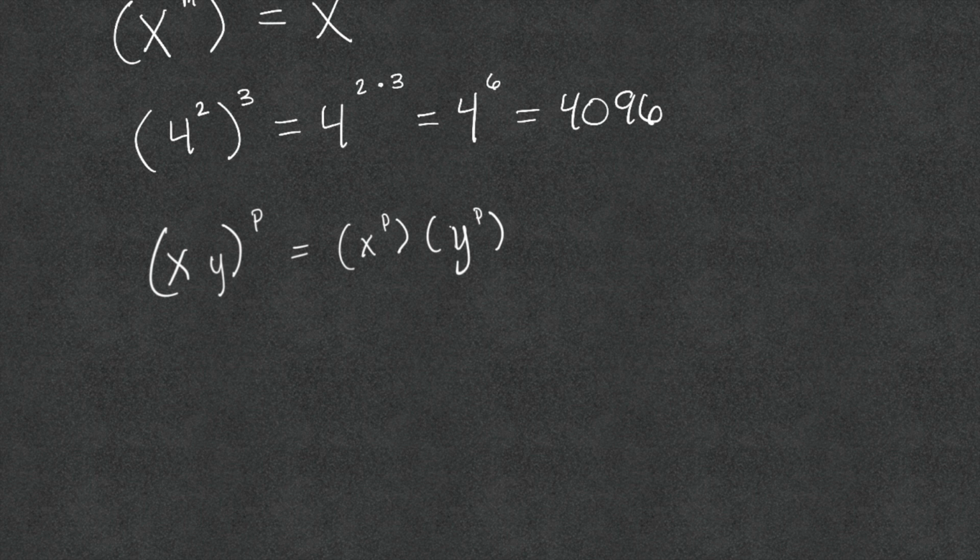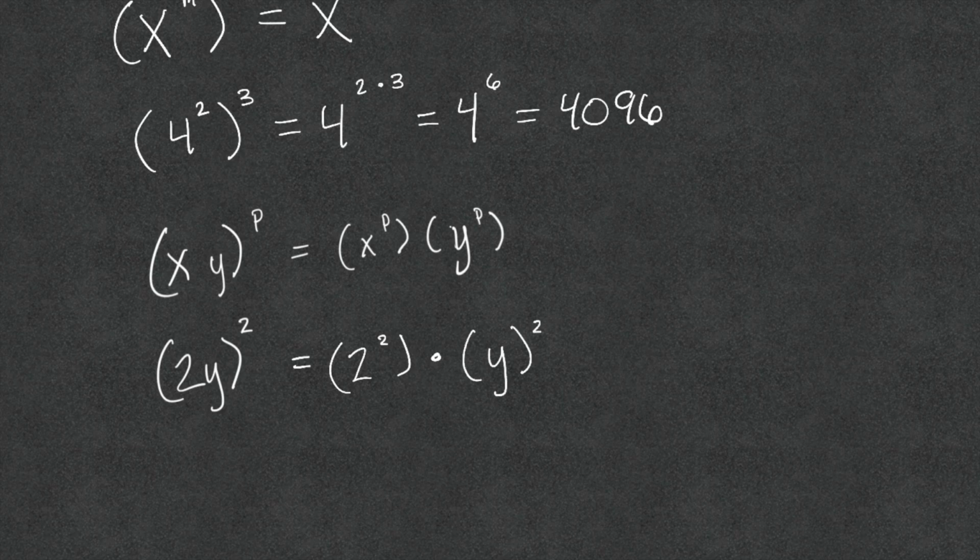So practically speaking, if I have, say, a 2y, and I want to raise those to the second power, I have 2 to the second power times y to the second power. What this looks like is 4y squared. I don't know why I put that 2 on the outside, but it doesn't matter. Okay, and of course, that's the same as this. All right.